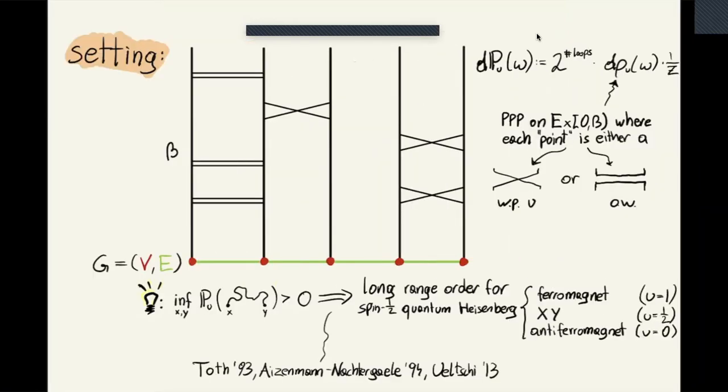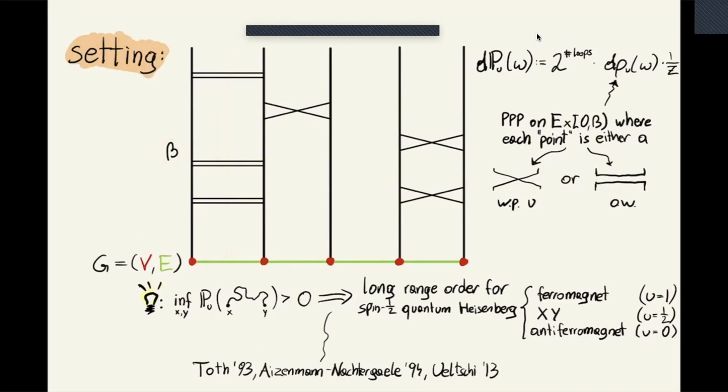So let's start with the setting. Typically, we consider some quantum spin system on some graph G. Think of Z^3, for example. And to each edge, we attach a periodic time interval of length beta, where beta is the inverse temperature for the system.